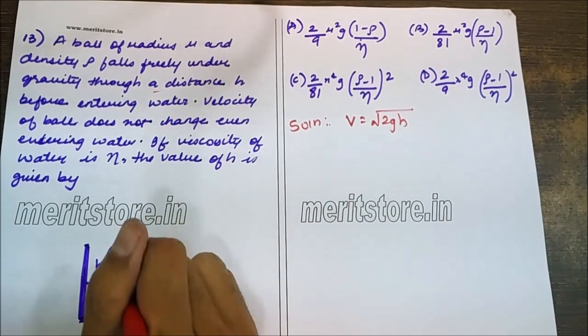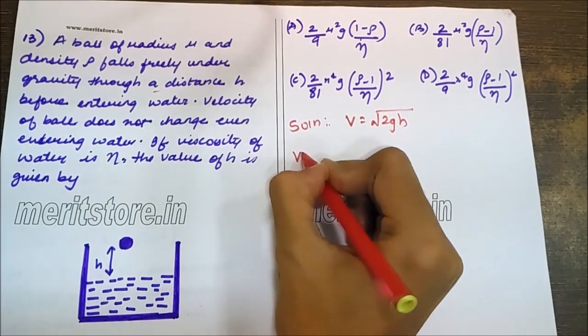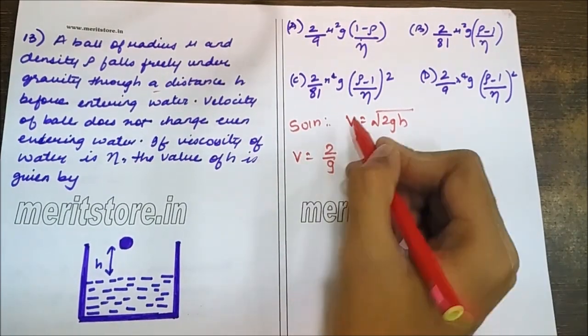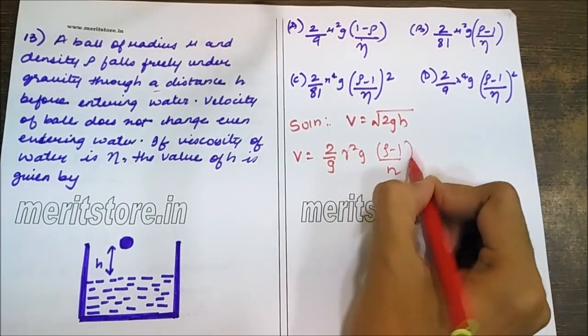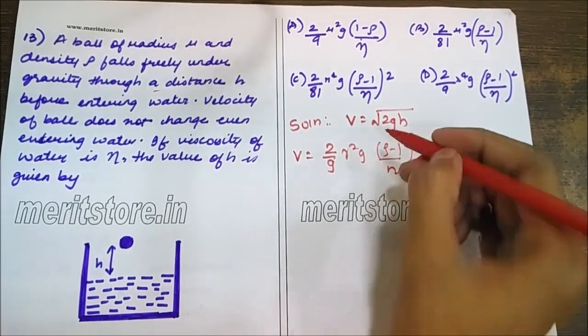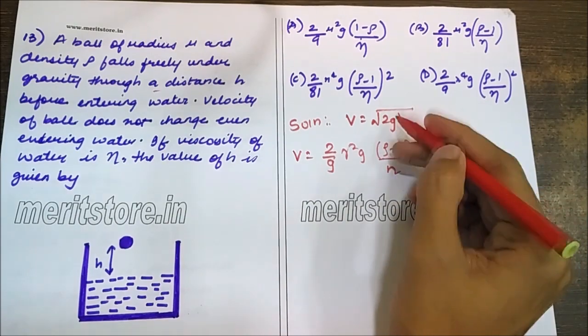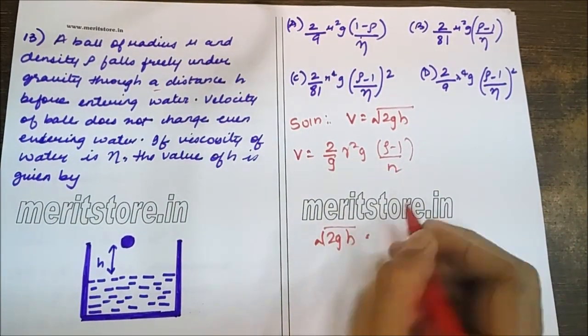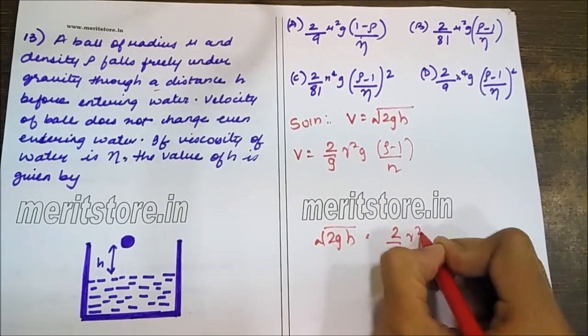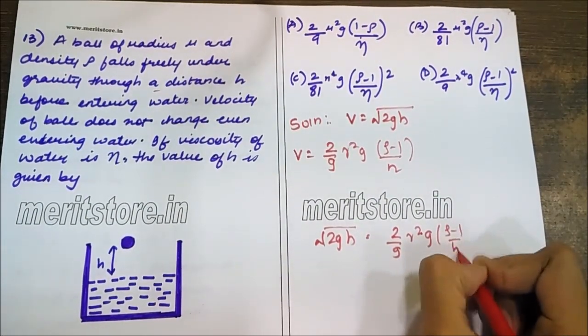So the terminal velocity of the ball inside the water is given by 2 by 9 r square g into rho minus 1 upon eta. Okay, so we know that the velocity before and after are both equal, so we will equate both of them. So under root 2 gh is equal to 2 by 9 r square g into rho minus 1 upon eta.